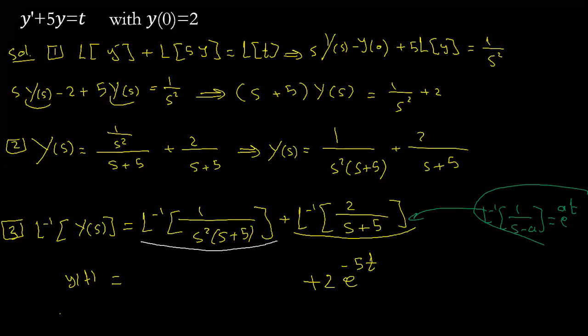Actually, I need space, so I'm going to a blank slide. But before I go to the new slide, I need one to help. How to find this? It is my fraction 1 over S squared times S plus 5. How to find the inverse Laplace for this function? Do you have partial fractions also?